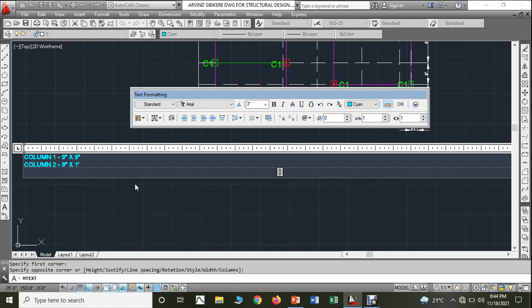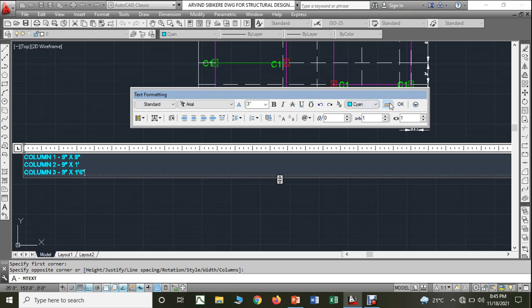When it comes to the higher load column, column number 3, I am going to make the shorter dimension 9 inch by, usually, 1 feet 6 inch, which is around 500 mm.